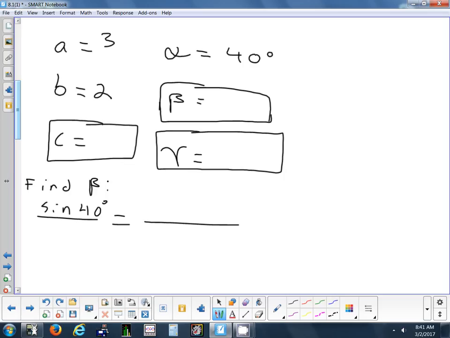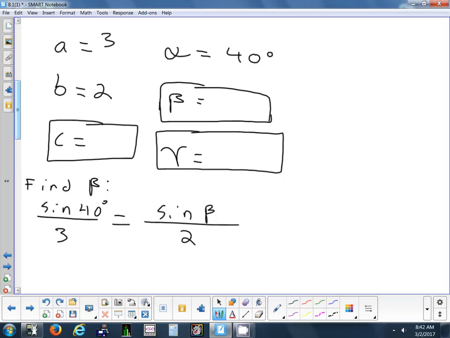Look back, do you have it written down? Back at the law. What letter is in the bottom of sine alpha? A, yeah. So in this case, A is 3. Okay, so there's the left-hand side. Can somebody else set up the right-hand side? Sine beta over 2.